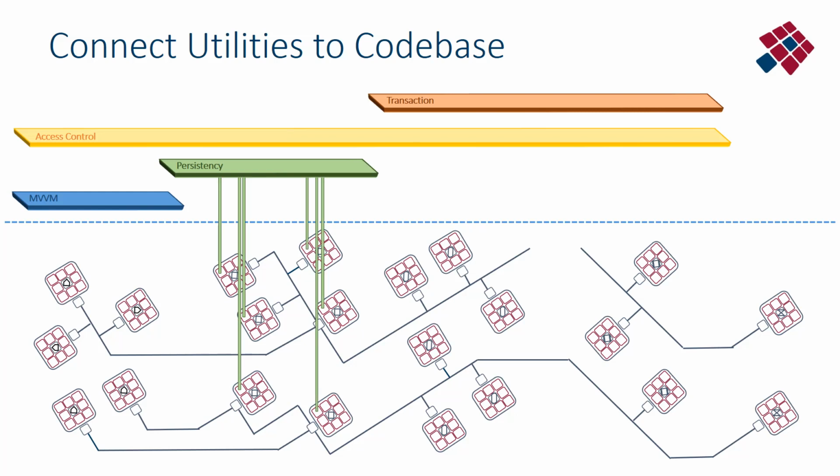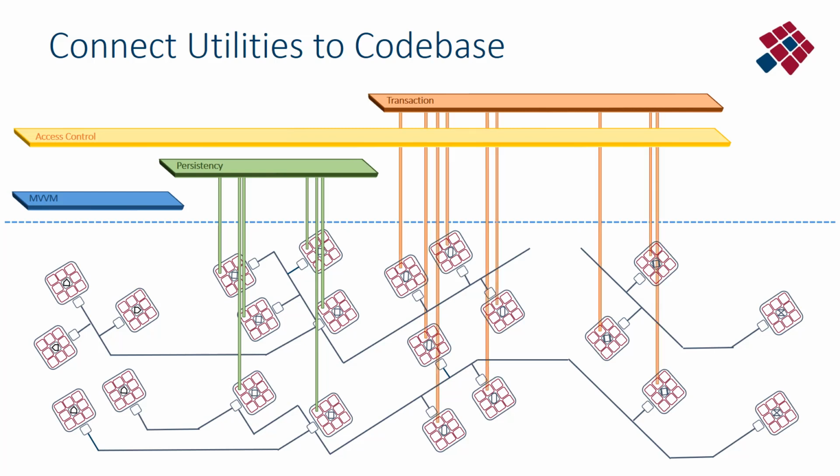For instance, the persistency, of course, only the data elements would tap into the persistency solution or framework, and they would all have a class interconnecting to that framework. For instance, the transaction framework would be used, interconnected with, tapped into by both the task and flow elements, and they would all have an encapsulated class connecting to the transaction framework. For the model view model, of course, that would be rather interconnected with the various connector elements for the user interface.